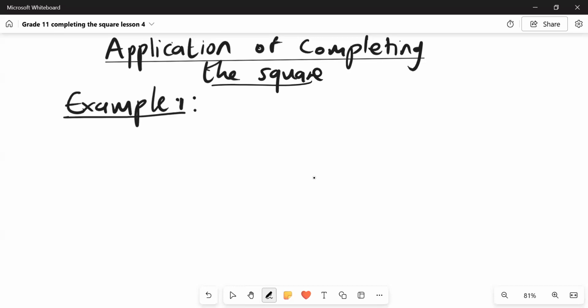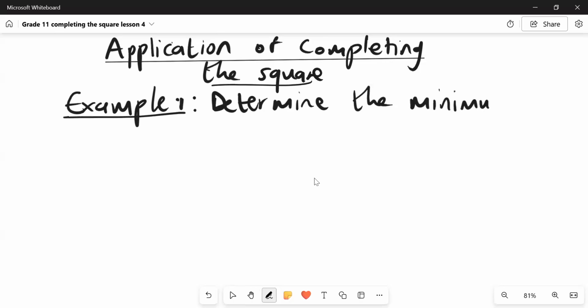So for example one, the question says determine the minimum value of x squared minus 8x plus 11, right?